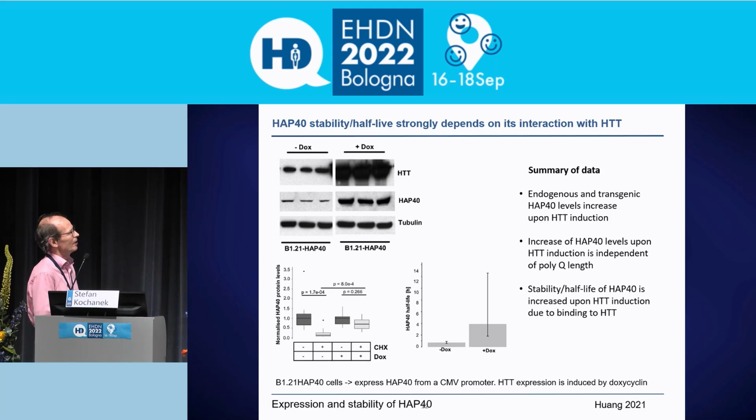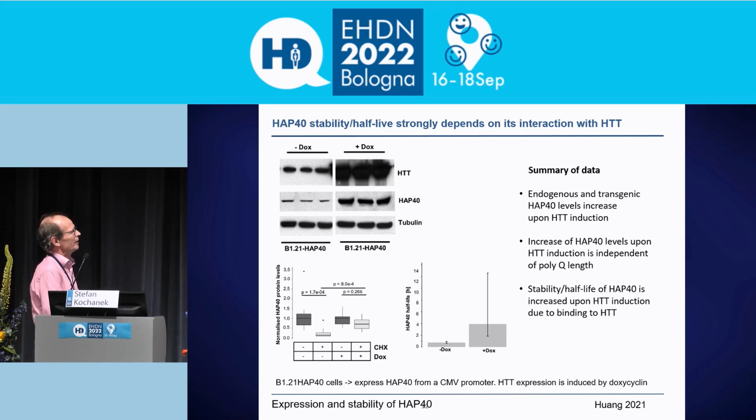That is without doxycycline, and that is with doxycycline. And we could also see by a translational blocking experiment that this interaction with Huntingtin is obviously post-translational, and that the half-life of HAP40 in the presence of Huntingtin is strongly increased.